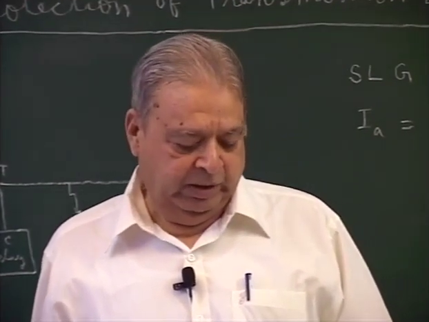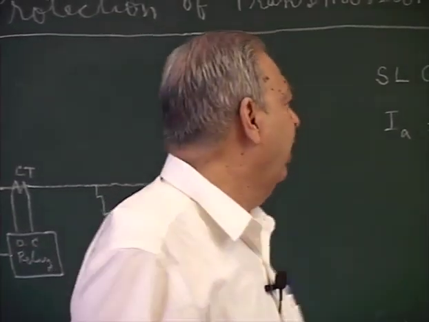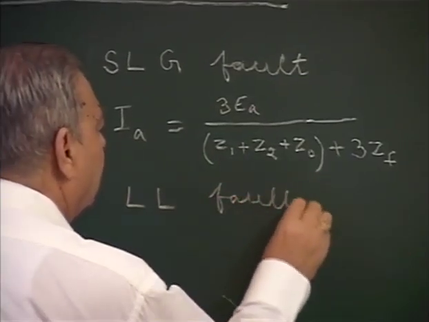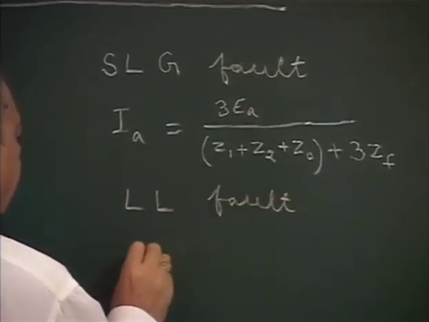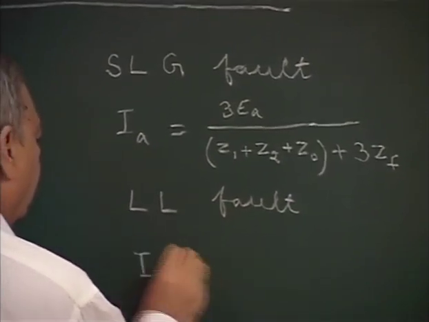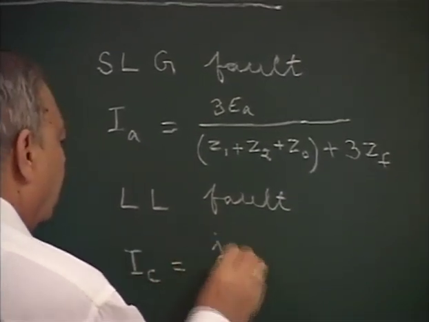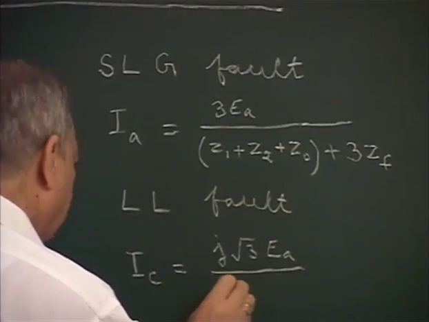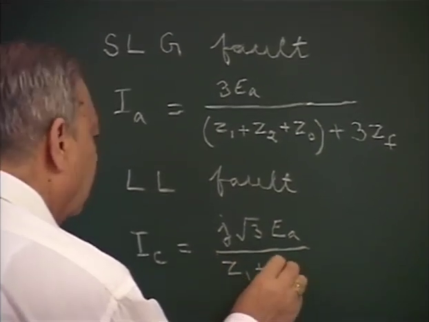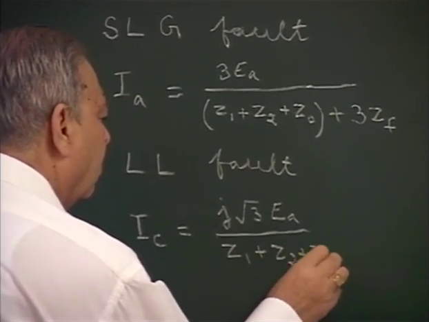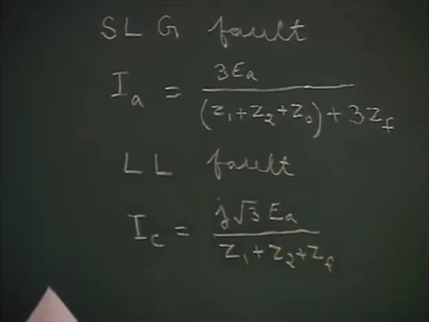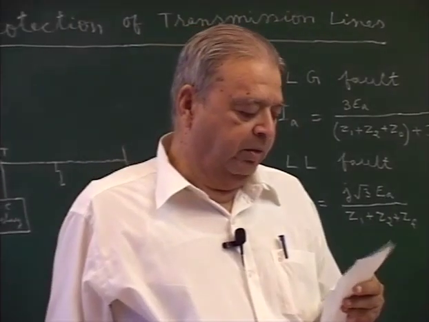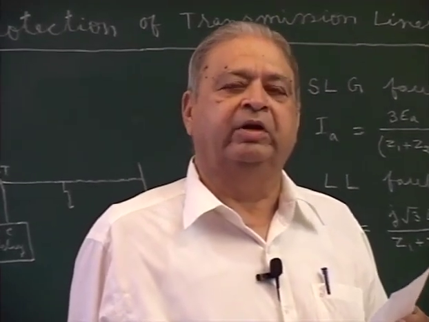Whereas, if the fault happens to be a line to line fault, so for a line to line fault, the value is root 3 EA divided by Z1 plus Z2 plus ZF.